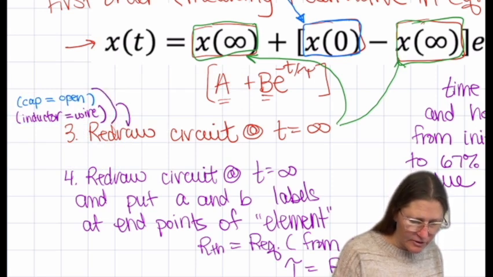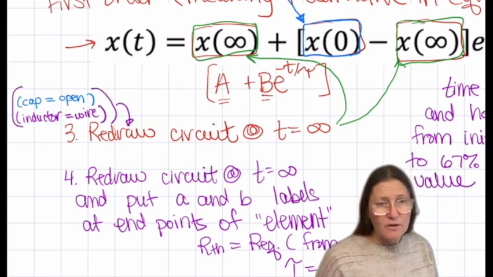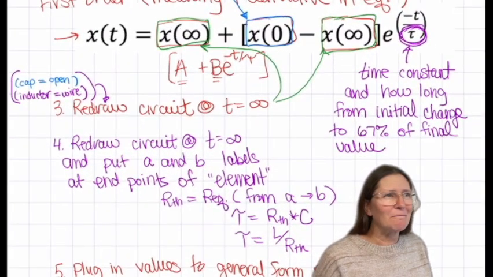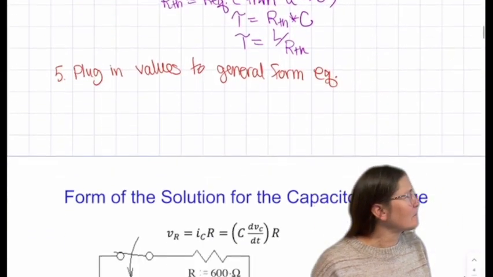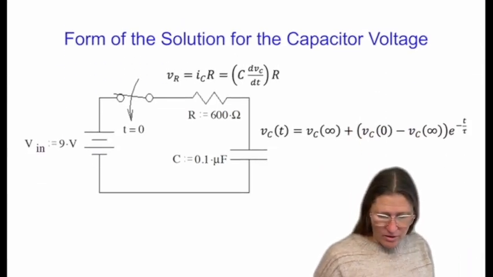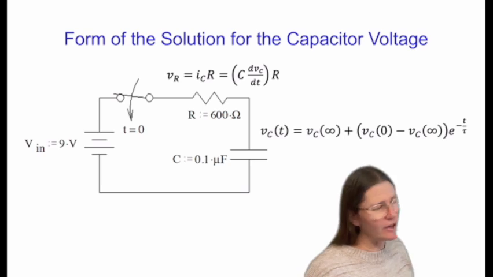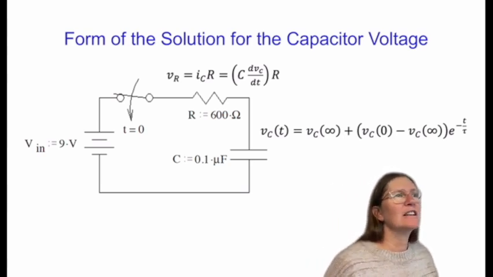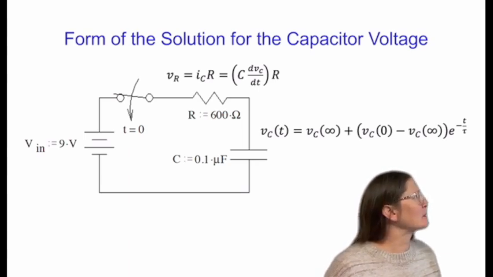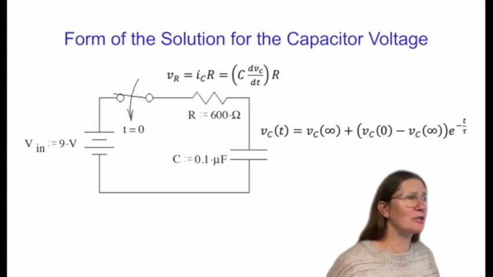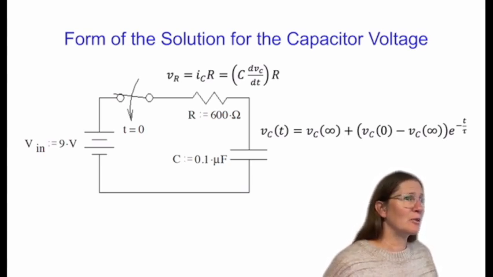So for this stage, even though you have a derivative in there, you're going to do the same Ohm's law, except now Ohm's law is going to be IC equals C dV dt. And so you're going to have that differential value in there.